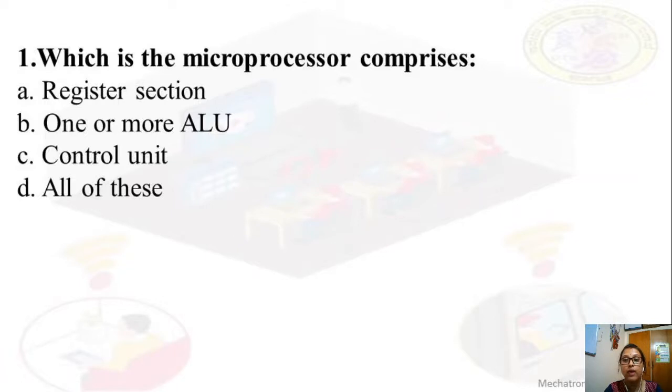Inside the CPU, the ALU, register sections, control unit, interrupt and timing circuitry, program counter and stack pointer will be there, other than memory, input output devices and other peripheral devices. So the answer is all of this.